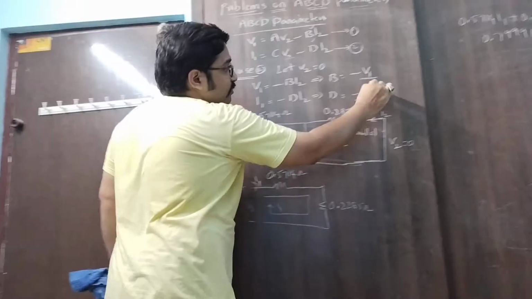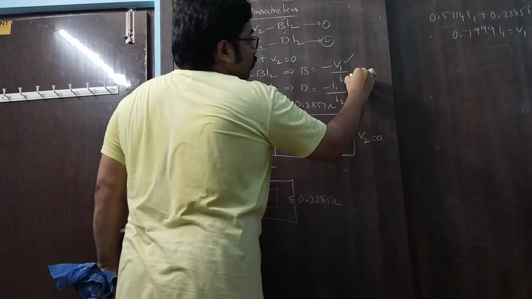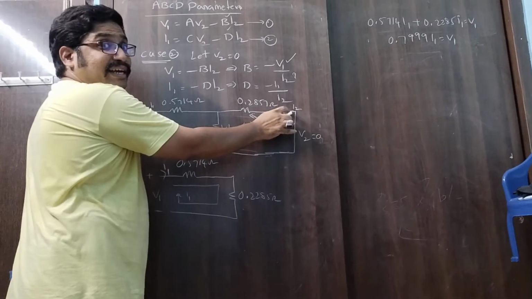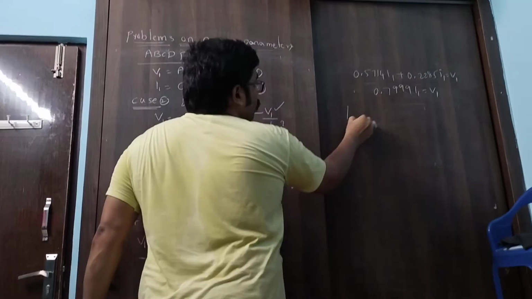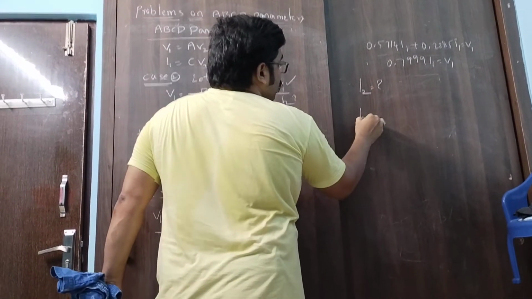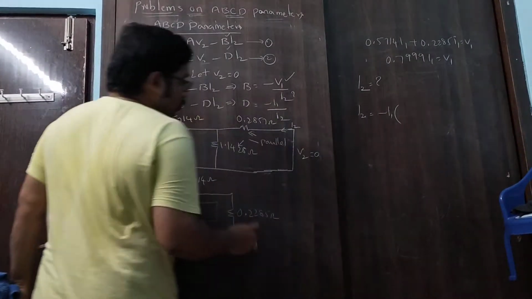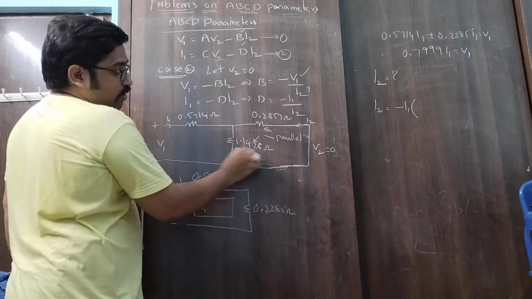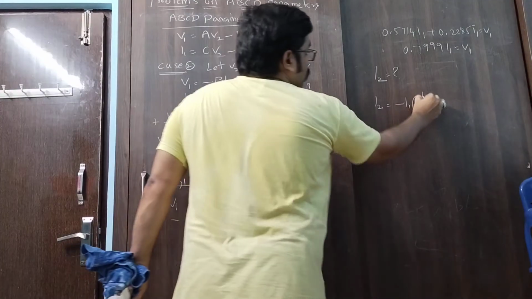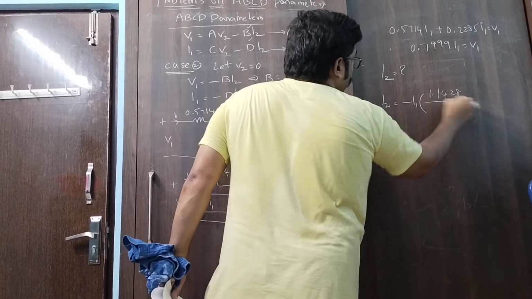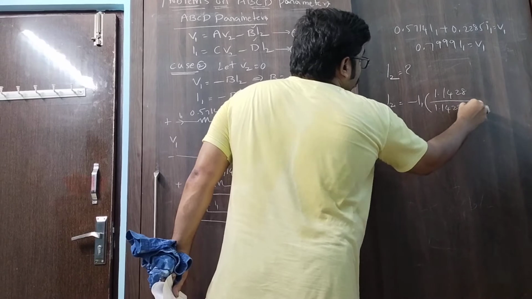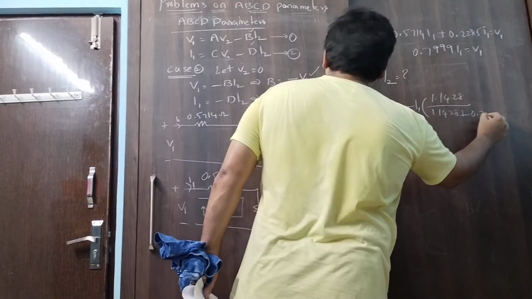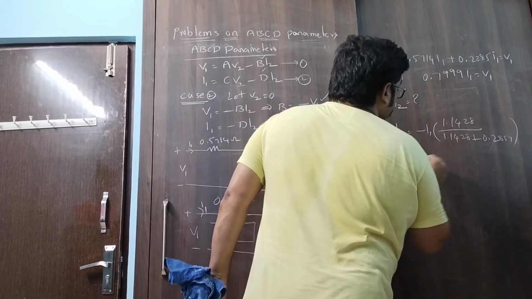Now you need to calculate. V1 value you have got, I2 you don't know. So you need to calculate I2, by using the current division rule. I2 is equal to minus I1 into, for this current, the opposite resistance 1.1428, whole divided by 1.1428 plus the summation of these two resistances, 0.2857 and 0.2857.